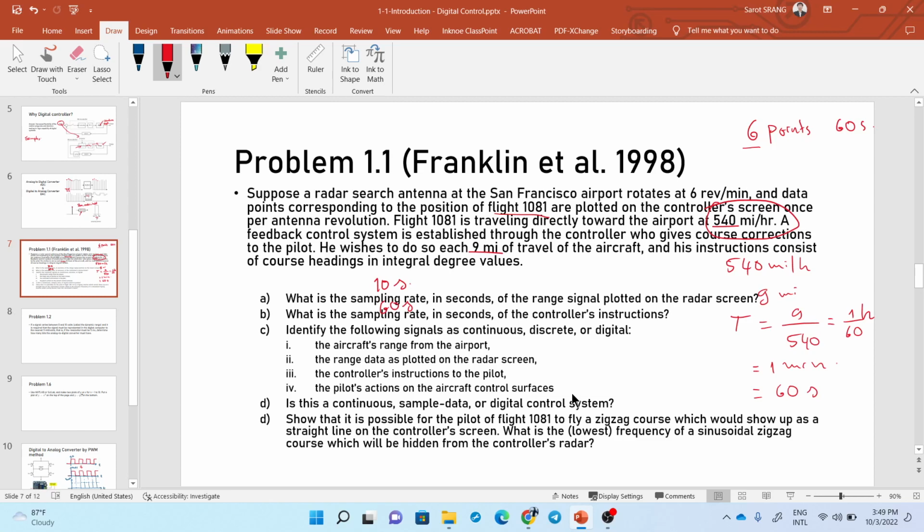But he's going to take action when he gets the information from the controller's instruction, whether he needs to turn right or left. So just right and left actually, so it's discrete. Even more specific than that, because he has only two actions, so it's digital. Digital, yes, it's just binary.